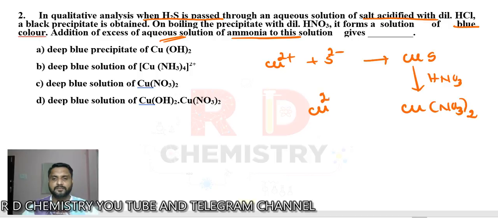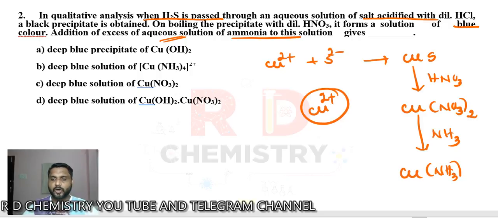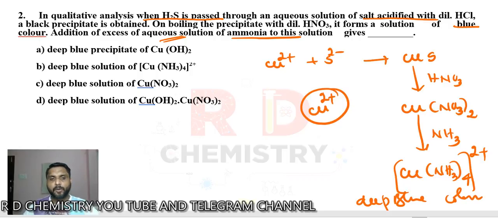Copper 2 plus should be blue in color, but when you add ammonia, it forms the complex Cu(NH3)4, with ammonia as the ligands, and this has a deep blue color. So all the copper nitrate gets converted to the complex. Therefore the answer is option B. B is the answer here. Clear?